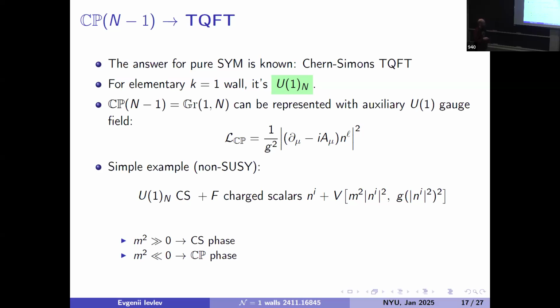But in the other limit, when these fields are massive themselves and do not develop a vacuum expectation value, if they are heavy, you can integrate them out and recover Chern-Simons. So this is an example of a theory which in one limit looks like a Chern-Simons theory, but in the other limit looks like a sigma model.